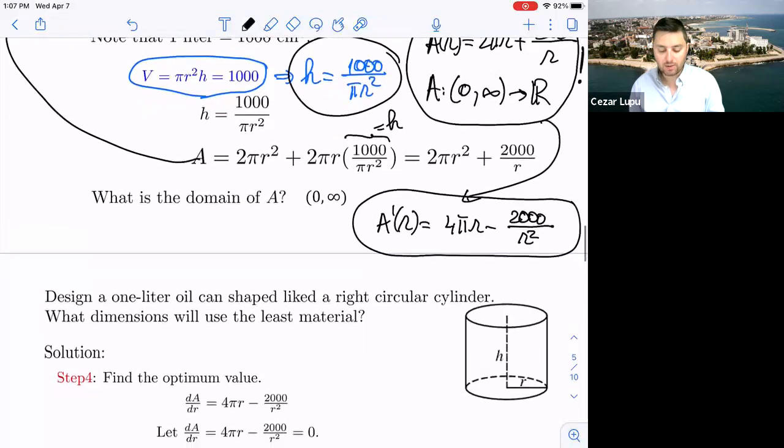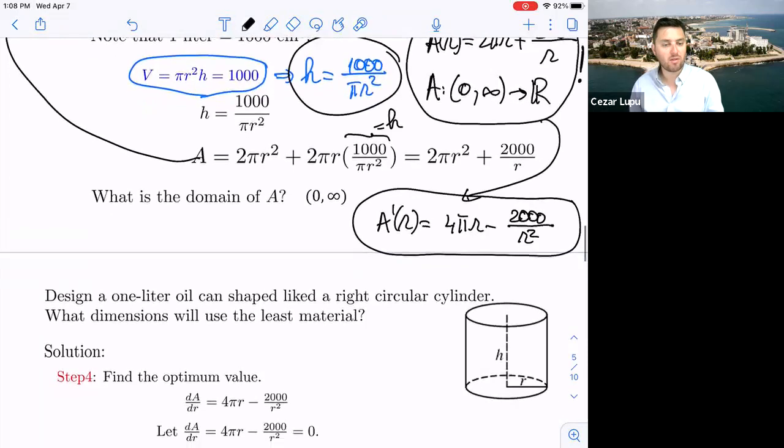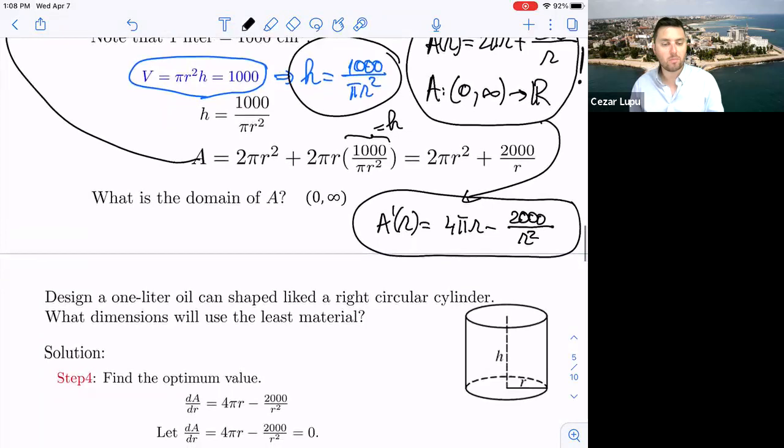And then we're going to set it equal to 0 because we'd like to find the critical number. Once we set this equal to 0, we have this equation that we need to solve: 4 pi r minus 2000 over r squared equals 0.